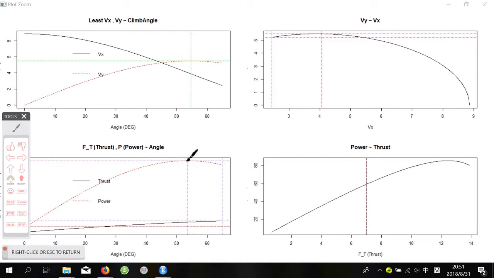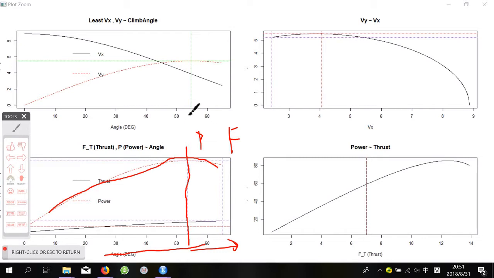The restriction of the power plant and the power and thrust is there, and so this means that when we increase the angle of climbing, the rate of climbing might also increase.